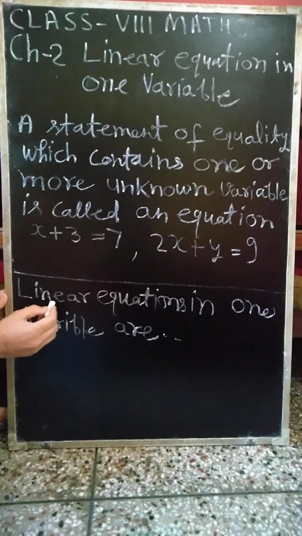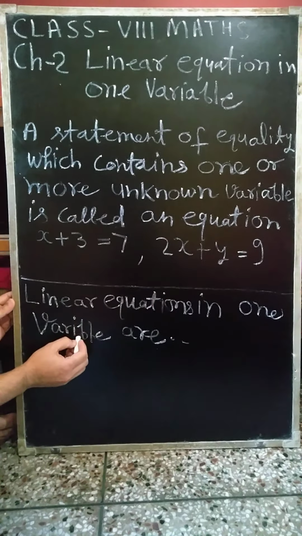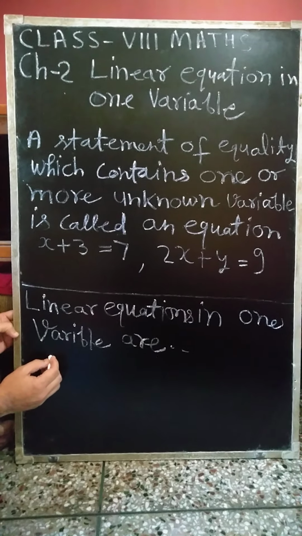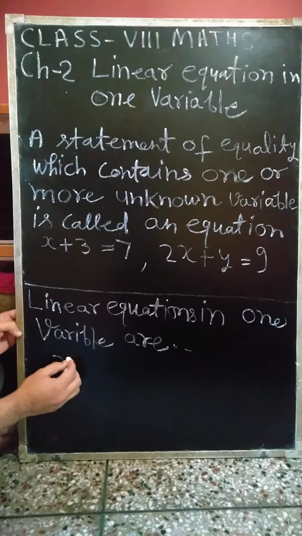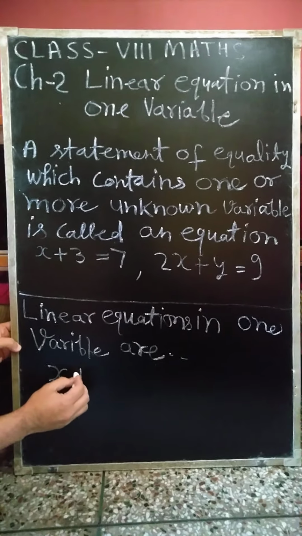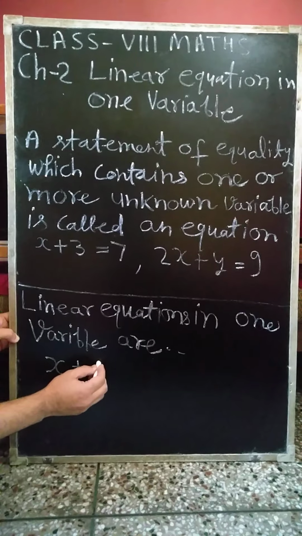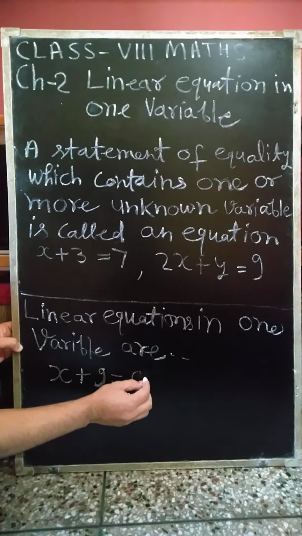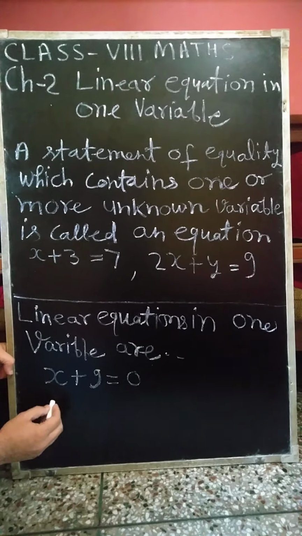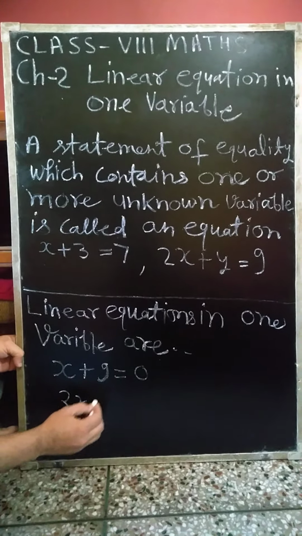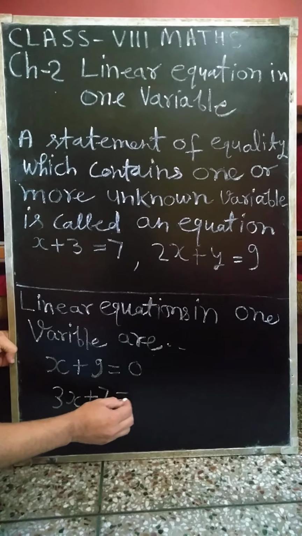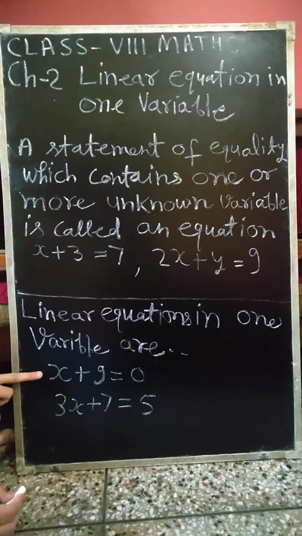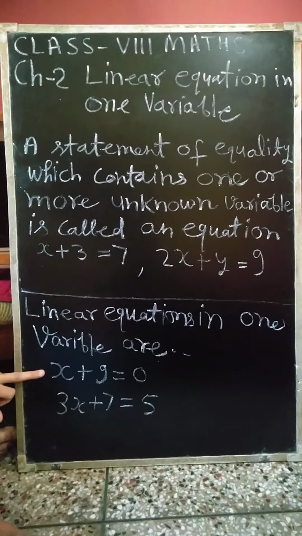So linear equations in one variable are, for example, x plus 9 equal to 0, or 3x plus 7 equal to 5. Here is only one variable x.